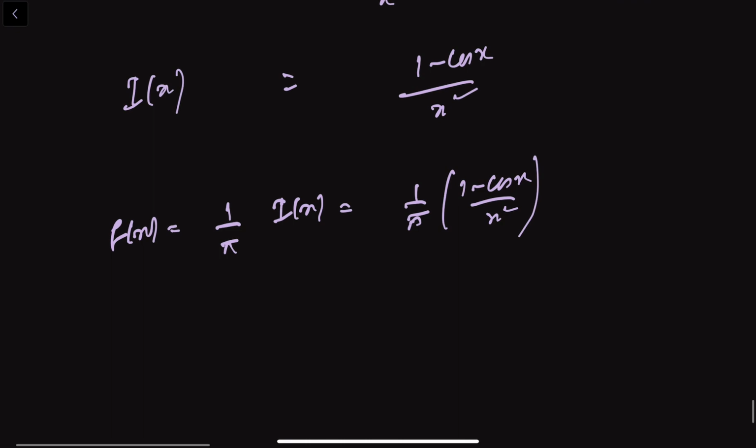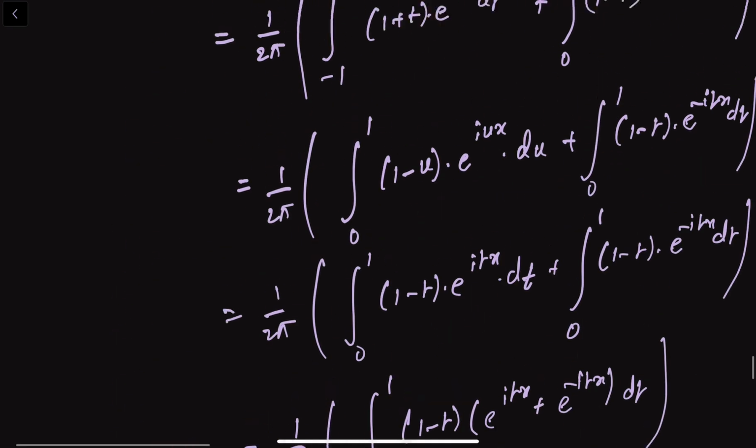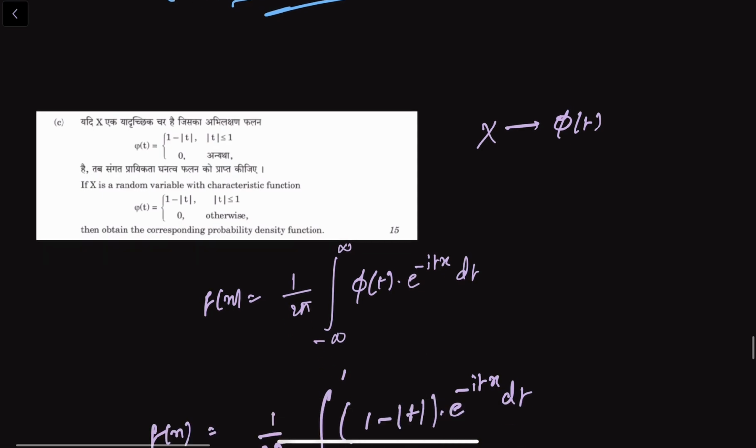Therefore this function is 1 minus cos x by pi x square. So this will be the density function of X. I think that's what they're asking. Yes, they're asking about the probability density function, so the density function would be 1 minus cos x by pi x square.